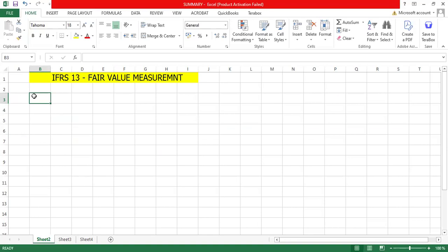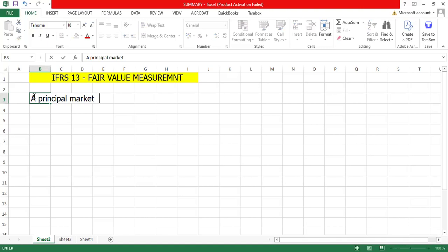If you're not given the principal market, then we are going to look at what we call the most advantageous market. So we need to know the meaning of a principal market. It's very, very key. What is the meaning of principal market? And what is the meaning of most advantageous market?